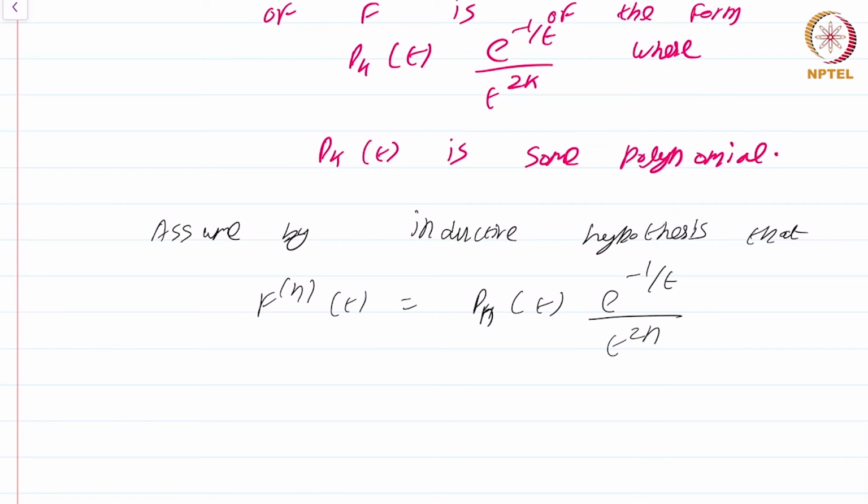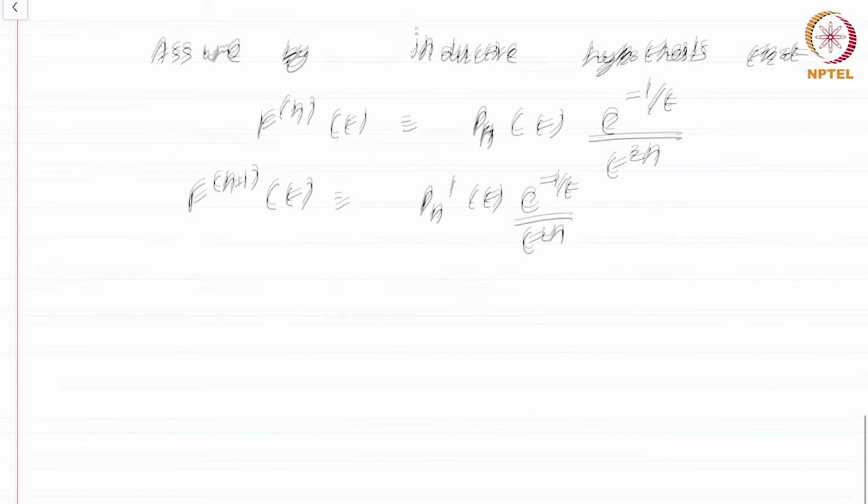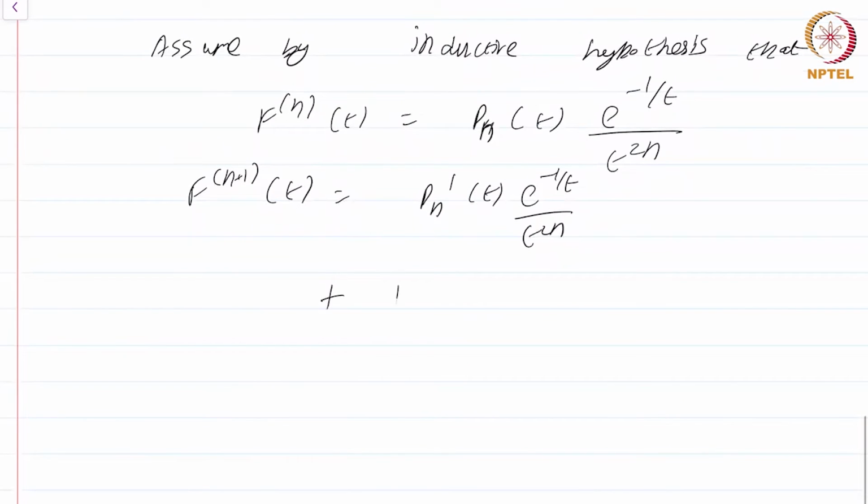Now we'll have to show the same thing for the n plus 1th derivative. So the n plus 1th derivative of f at t is going to be nothing but pn prime of t times e power minus 1 by t power 2n, I'm applying the product rule first, plus pn of t into the derivative of e power minus 1 by t power 2n.